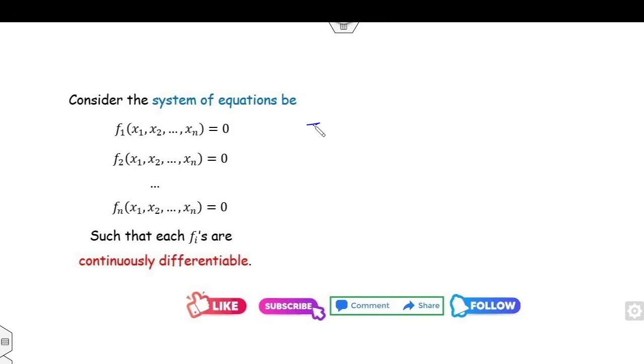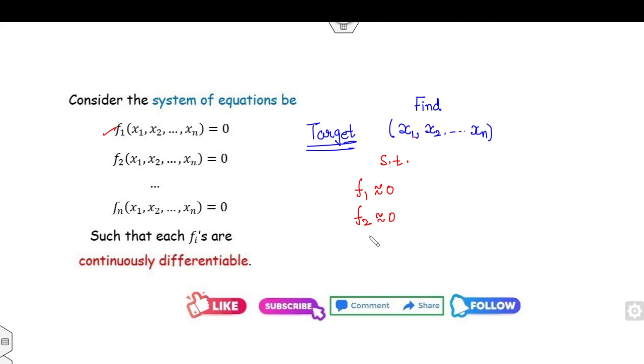Your target is to find the values of x1, x2 up to xn such that when I substitute them in the function f1, it is approximately 0, f2 is also approximately 0, and so on. That is the objective of this problem.